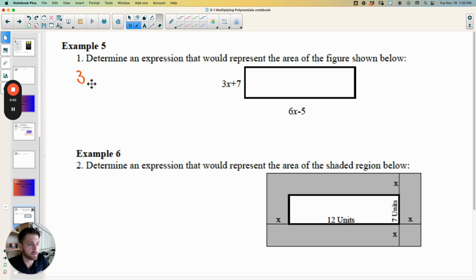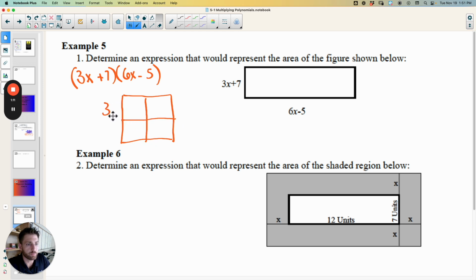So let me set this up here for us. So 3x plus 7, and I'll use a set of parentheses, and then 6x minus 5. And then I'm going to set up a box so I can do my area model. And I'll write 3x plus 7 and 6x minus 5, and then I'll just do some multiplication.